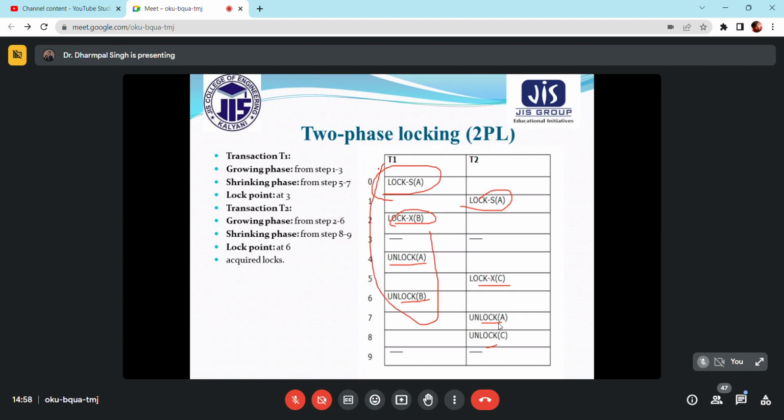So what is the growing phase here for transaction T1? Steps 0 to 3 is the growing phase of the transaction, and the shrinking phase is steps 5 to 7. For transaction T2, what is the growing phase? It starts from step 2. So this is the growing phase, and from this step is the shrinking phase.